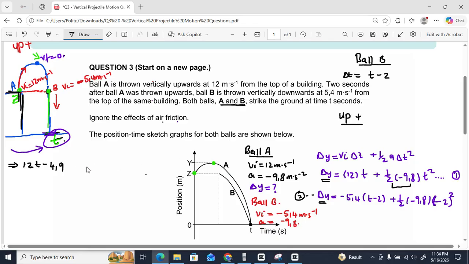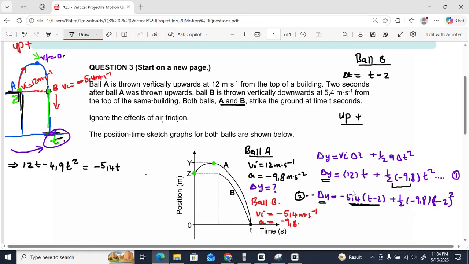Then the minus 4.9 is multiplied by what? It's multiplied by t squared. Then we're going to equate this to the second equation. Let's multiply out the bracket here by that minus 5.4. So it's going to be minus 5.4t.